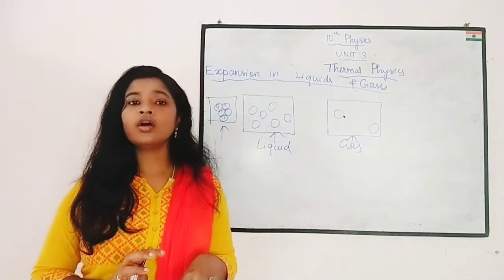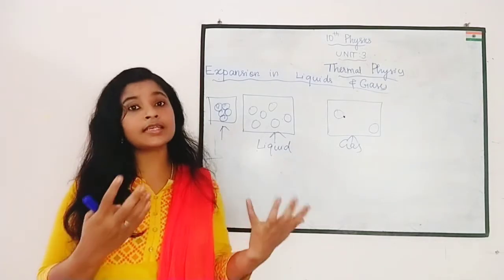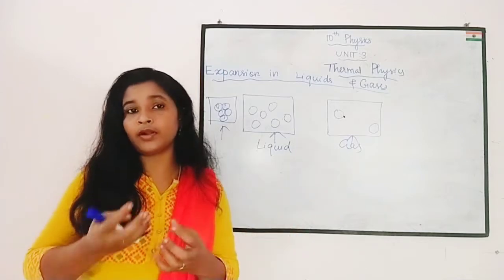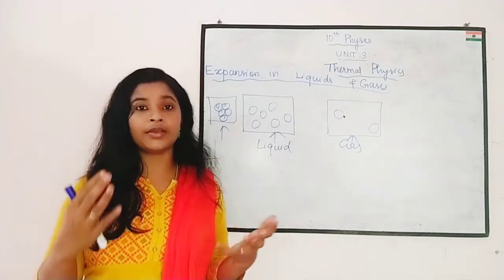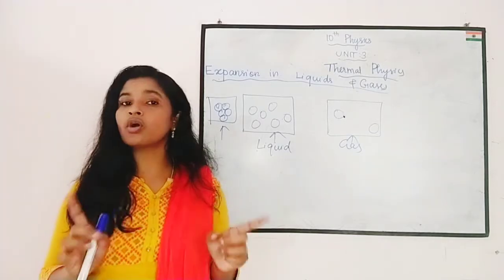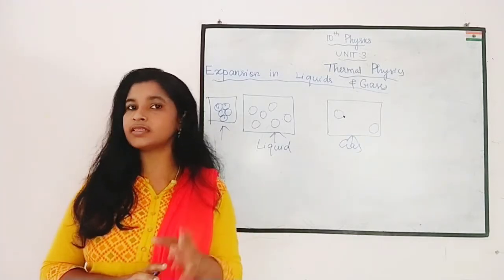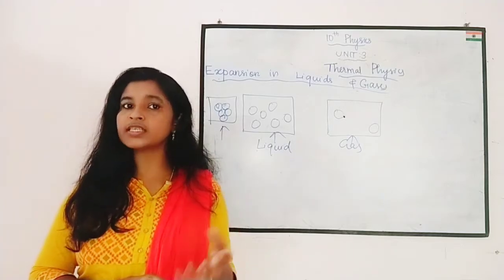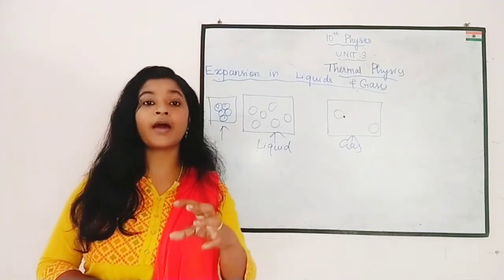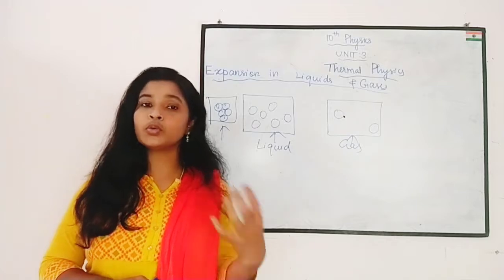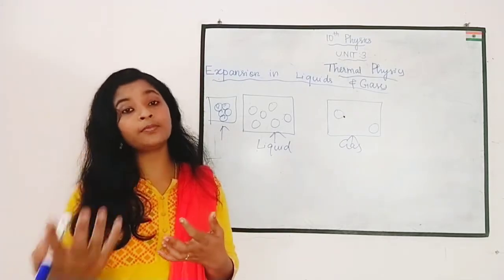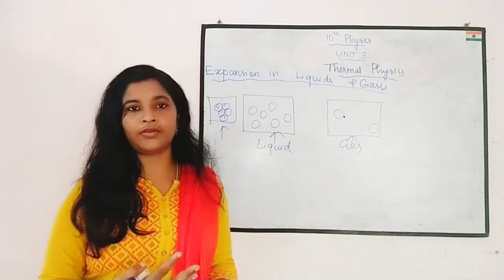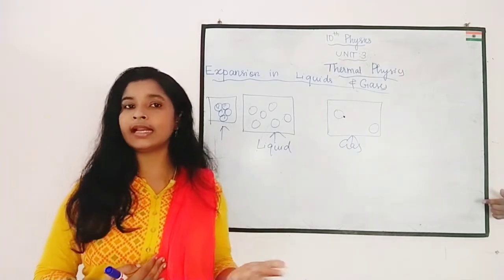So the increase in the level of the liquid is not the real expansion, because whenever you are applying some heat, part of the heat energy is used for heating the solid, that is the container, and the remaining part is used in the expansion of the liquid. So this is not the real expansion.